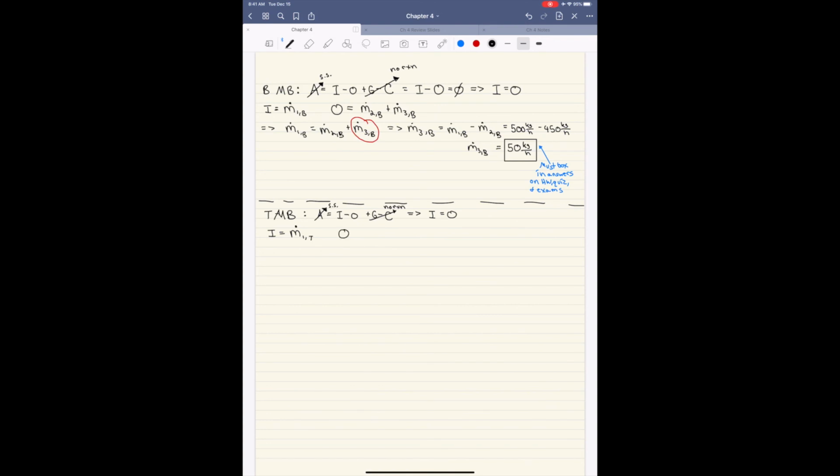And our output term is going to be equal to the amount of toluene in both the top and bottom product streams. So M2T plus M3T. We could write out this relationship by plugging in our variables.